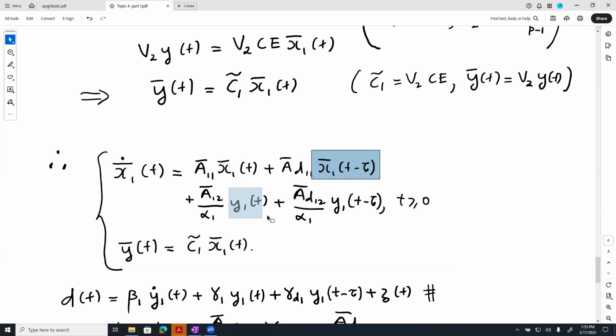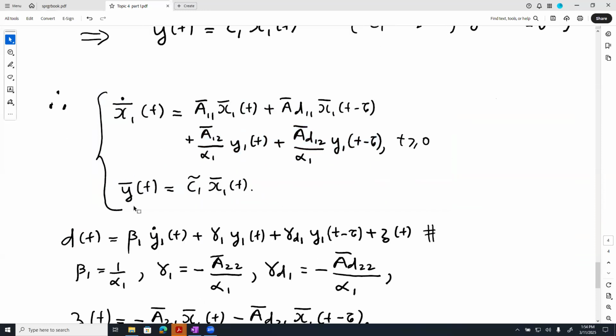It has the output measurement y1 of t and y1 of t minus tau. By the way, the output measurement is available, so we can always realize its delayed output measurement. And the output measurement y bar of t is given by that.